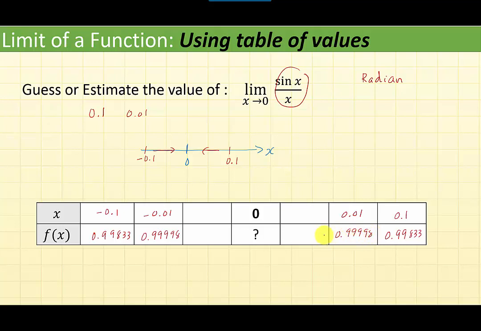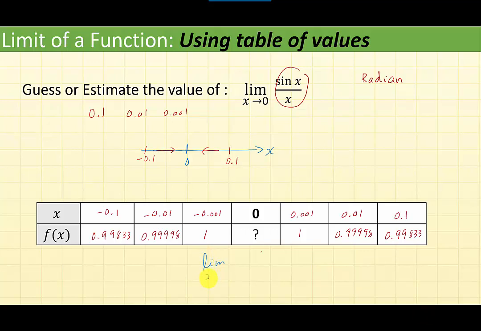If we get even closer, say 0.001 away from 0, that means negative 0.001, my calculator gave me 1. And at 0.001, I also got 1. Now it's very clear, as x approaches 0 from both sides, f of x, or sine x over x, is approaching 1.